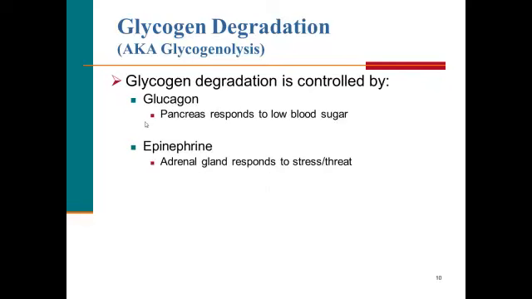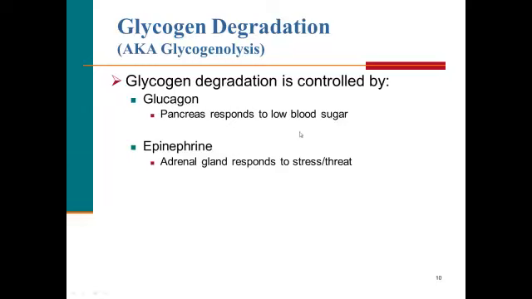So glycogen degradation, or the breakdown of glycogen into individual glucose molecules, is going to be controlled by two hormones. The first is the hormone glucagon. Glucagon is secreted, for the most part, in an opposite manner to insulin. Whereas insulin is secreted when the blood glucose levels are high, glucagon is secreted when blood glucose levels get low.